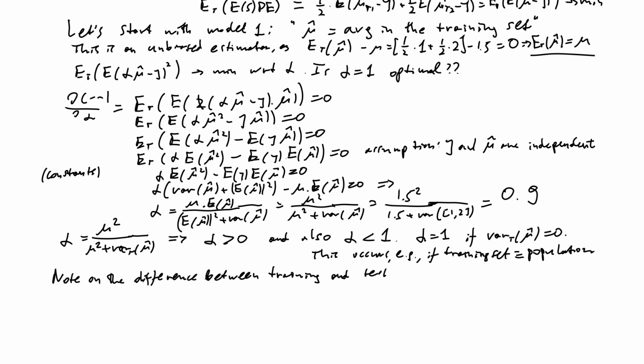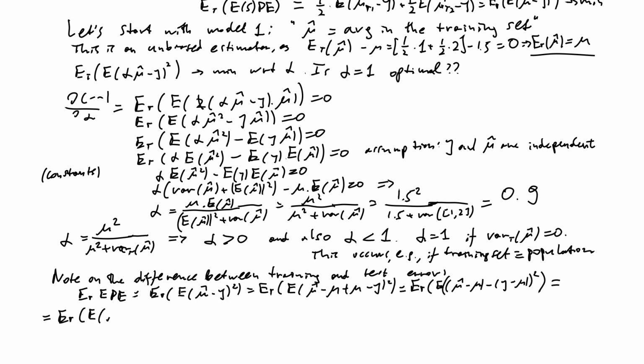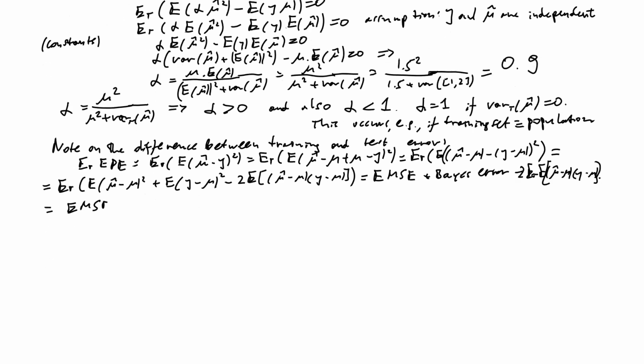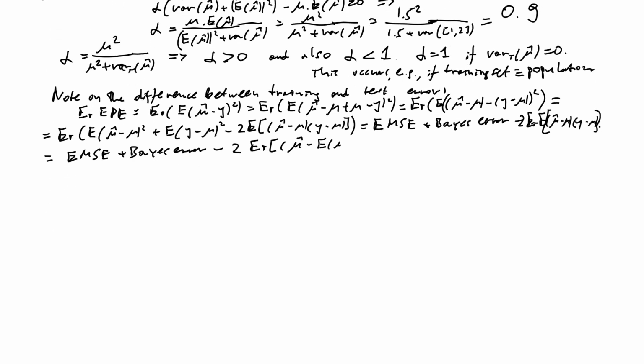So now the difference between training and test performance. The expectation of the prediction error for model 1, the unbiased one, was 0.5.